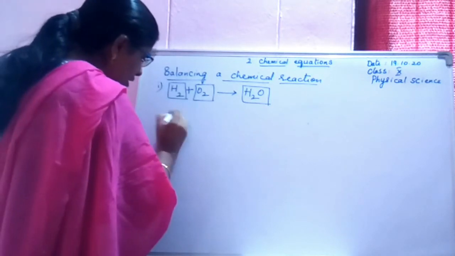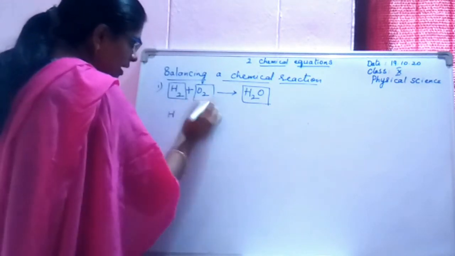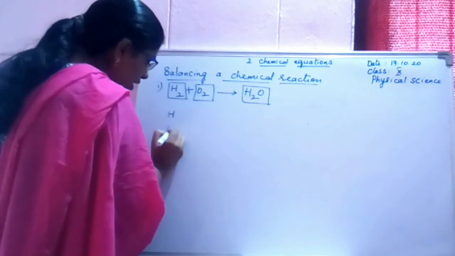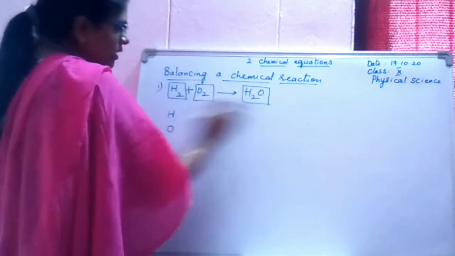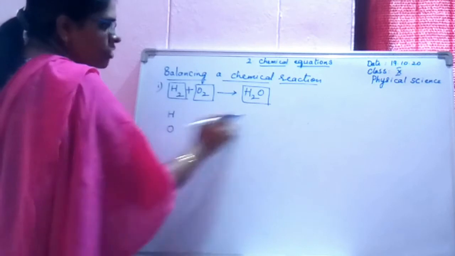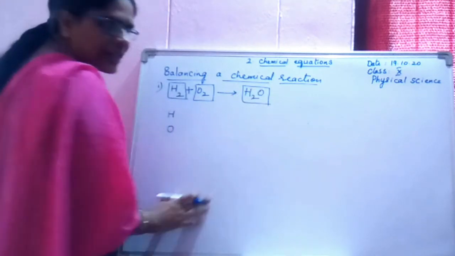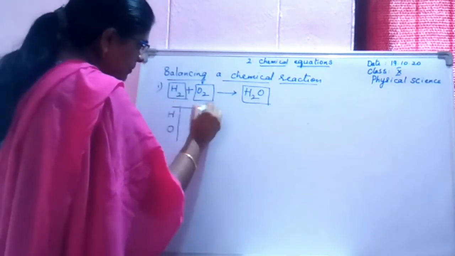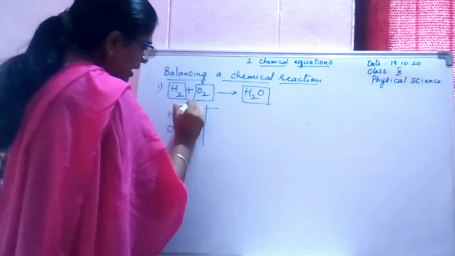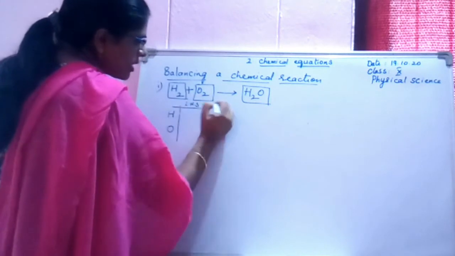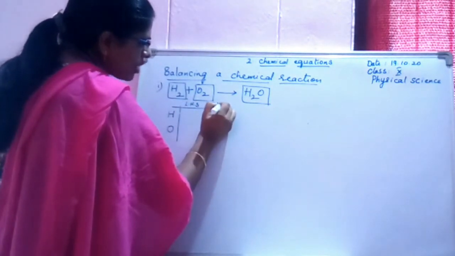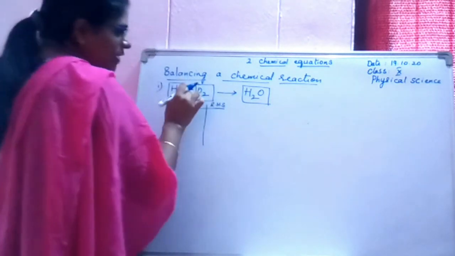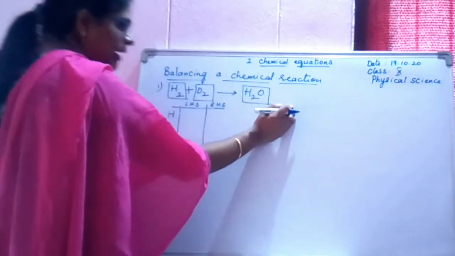First one is hydrogen. Next, oxygen. In the right side, besides hydrogen and oxygen, are any other elements there? Nothing is there. Now make a box like this. LHS, RHS. This is left hand side, this is right hand side.